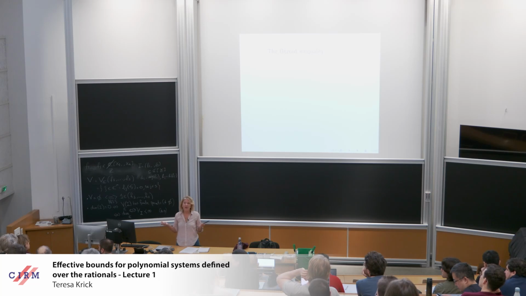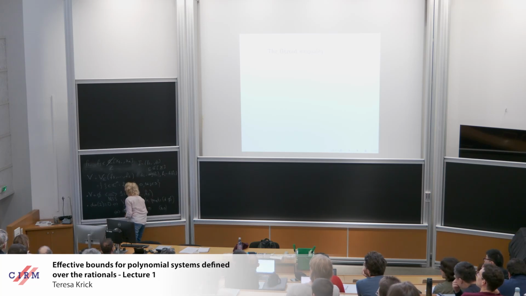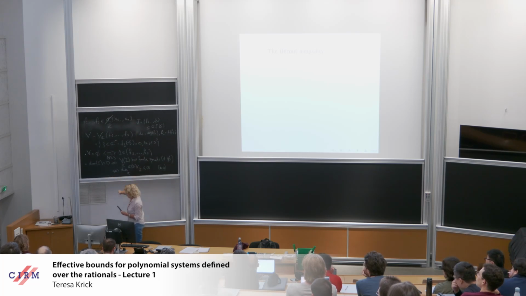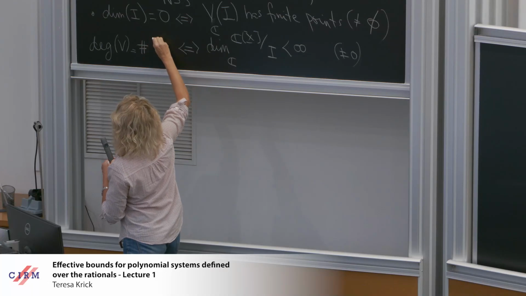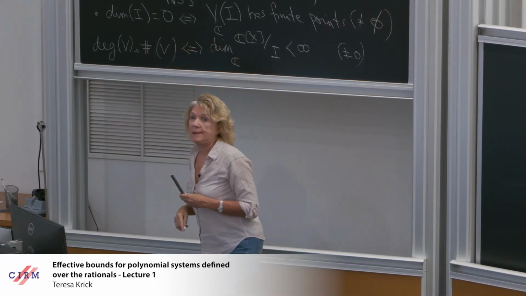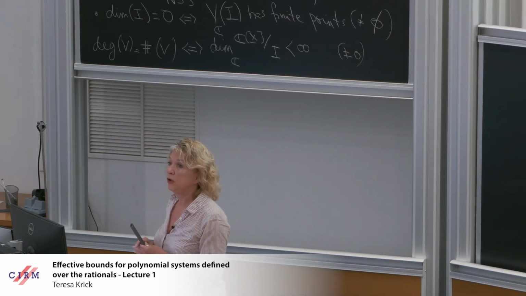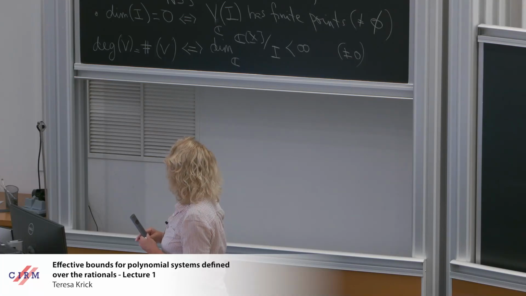Yes, you are right, I didn't say something. The number of points in my variety is what we call the degree of the variety. That's the number of points, when it's not empty, let's say. So the number of points is the degree. That is the classical notion of geometric degree of a variety.